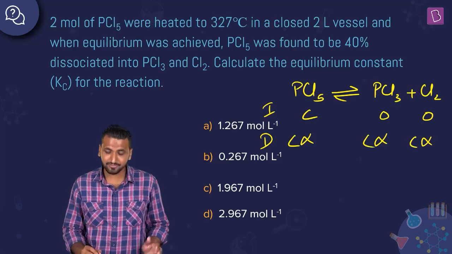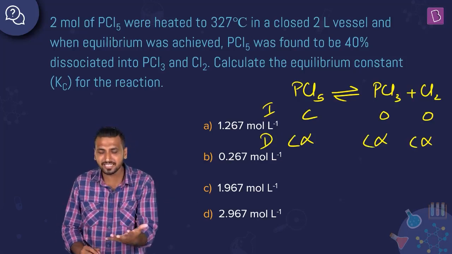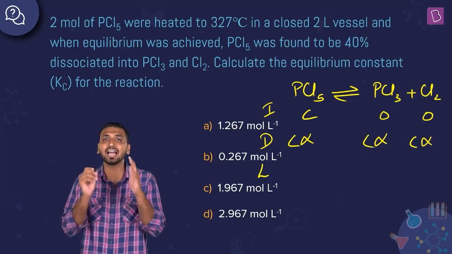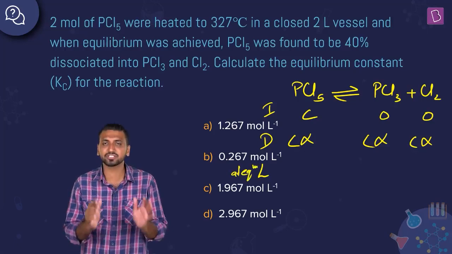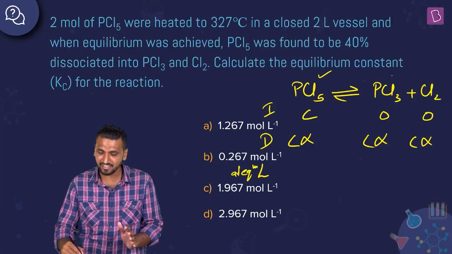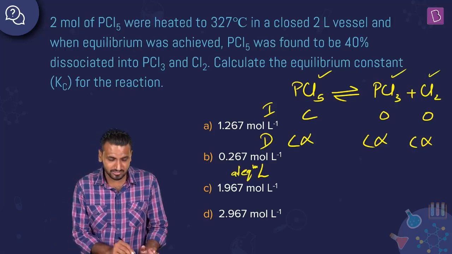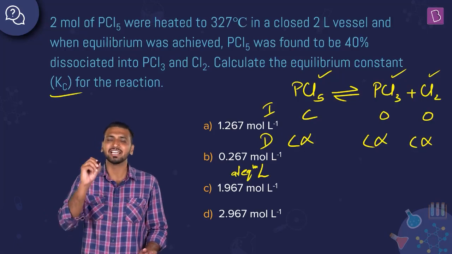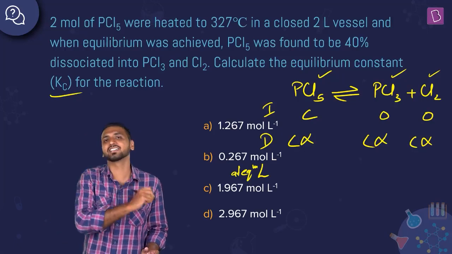If initially C was present, C alpha got dissociated, so we are very much concerned about the concentration of all these three, PCl5, PCl3 and Cl2, at equilibrium. Why? Because the equilibrium constant of the reaction has to be calculated, and that needs the concentration at equilibrium.